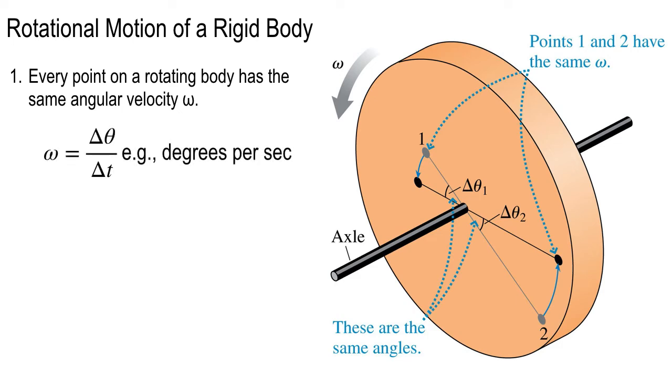And omega is simply, for instance, the degrees per second, the change in the angle theta per second. So if you have a lot of delta theta per second, then you have a lot of RPMs. You have a lot of angular velocity.